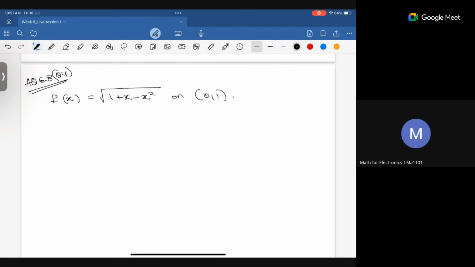In question 4, they wanted the Taylor series linear approximation around x equals 1, which we have found. And what they want is to find the maximum possible error at x equals half.